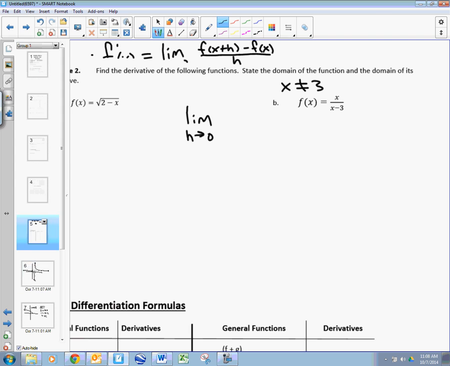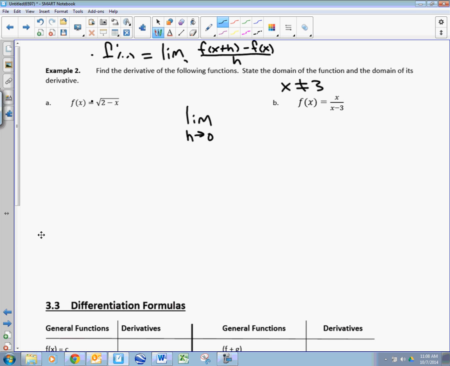So we check it out. Limit as h goes to 0 of x plus h over x plus h minus 3 minus x over x minus 3, all over h. Any problems with that? I have a complex fraction. What to do, what to do? Common denominator.